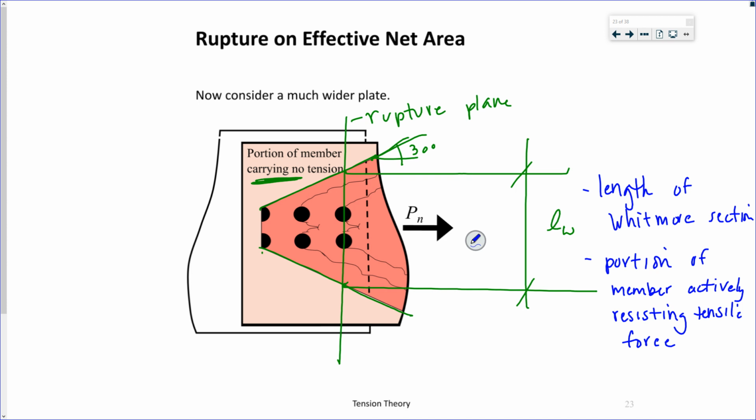And this is the effective length, right, of the rupture plane.